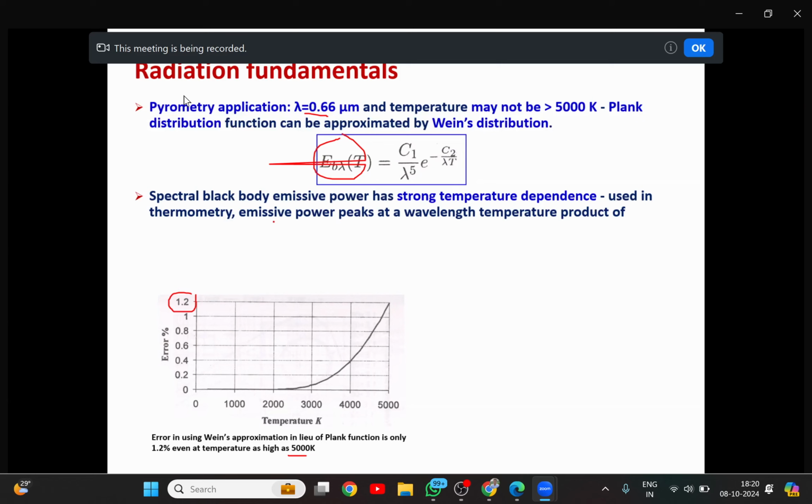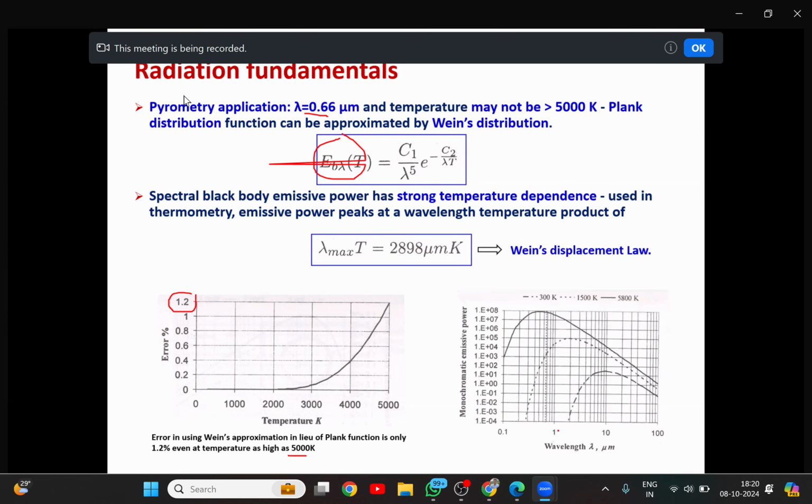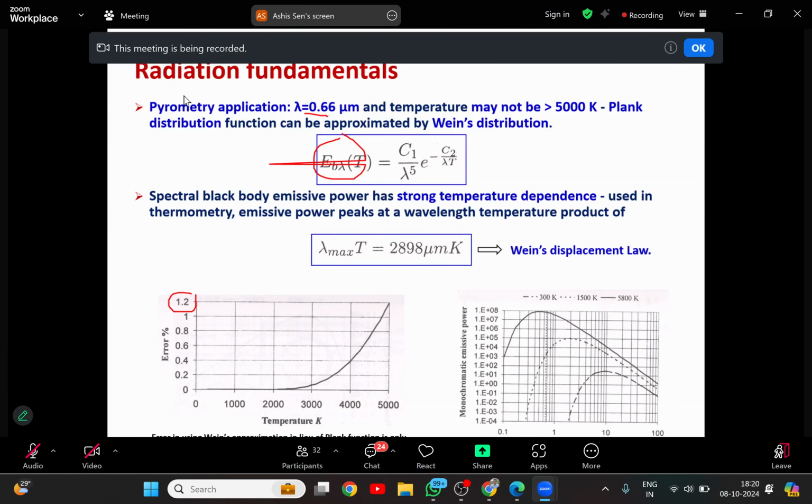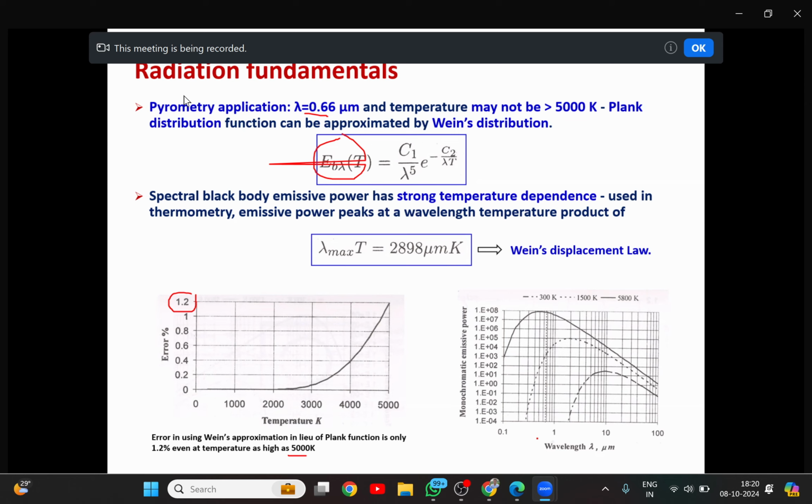If you plot E_B lambda, the emissive power, against lambda, you can see that at about 300 Kelvin, which is about 27 degrees centigrade, or room temperature, the characteristic is shown somewhere here. This is mostly around the visible range, which will be somewhere here.